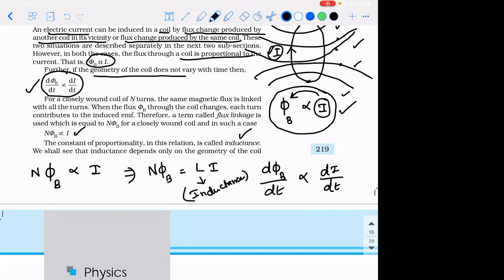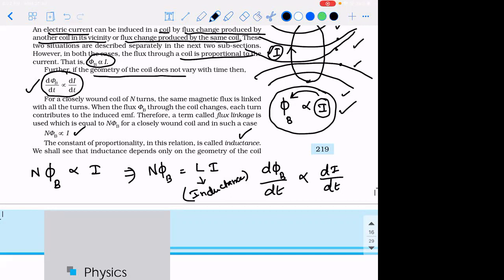Sir, one doubt. Please say it. Sir, N phi B equals L I, no, sir. So if we take N to the denominator, will the flux be inversely proportional to the number of turns? No. That is not happening. Whether you talk about the flux through one turn or whether you talk about the flux through N turns, it depends only on the magnitude of the amount of current.